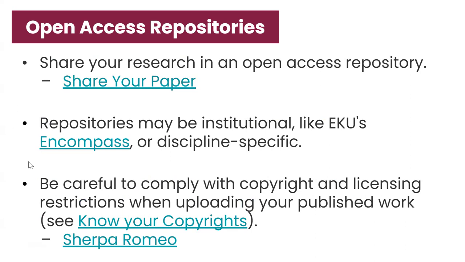You can also negotiate with publishers so that after your work has been published for a year or 18 months, sometimes they'll let you put a version into the open access repository. That's a great way to get it into an institutional repository.